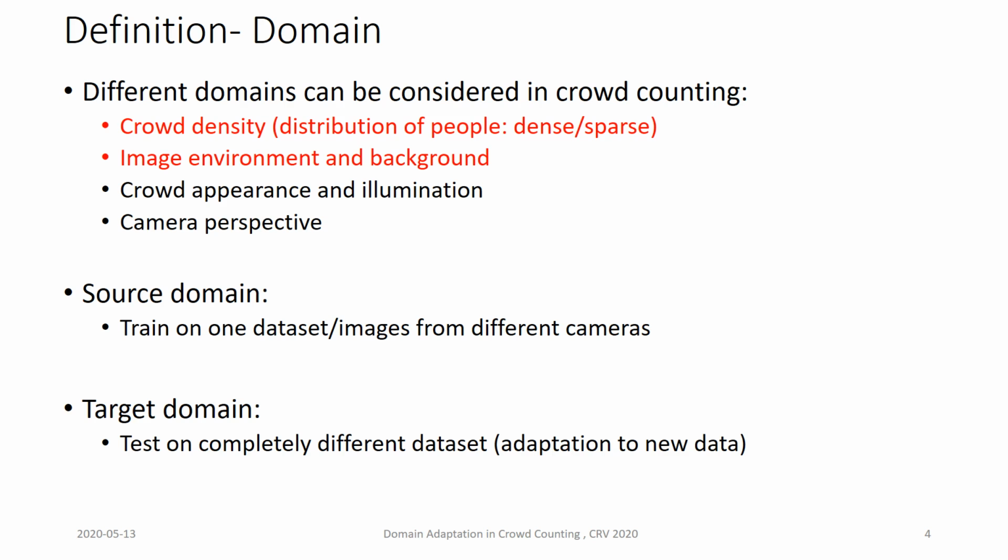So we consider these as the domain to be adapted in the new target domain. The source domain basically means we train our network on one dataset, which might contain images from different cameras or maybe from one scene. And the target domain is completely different from the source domain; the distribution is different. So our goal is to adapt to this new target domain data.